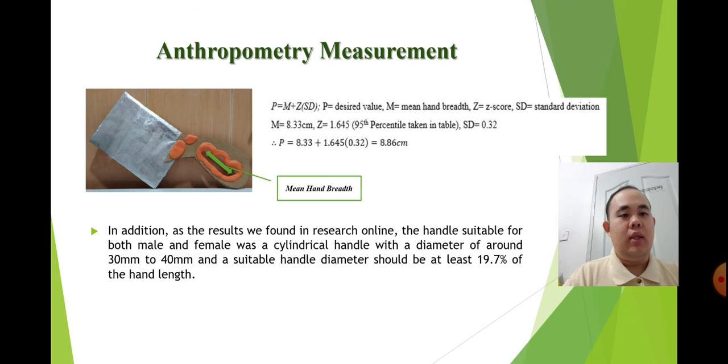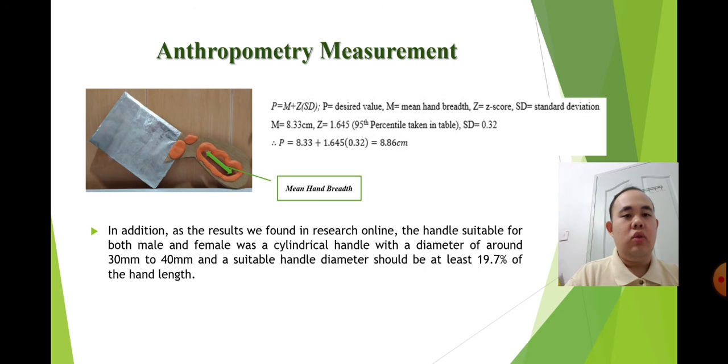And the Z-score, we take it as the 95th percentile, because we have to design this knife for most of the Malaysians. And the standard deviation is SD. For the mean hand breadth, it will be 0.33 cm. And the Z-score will be 1.645, and it is taken from the table. And the standard deviation is 0.32.